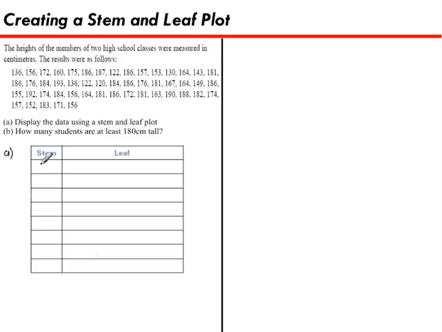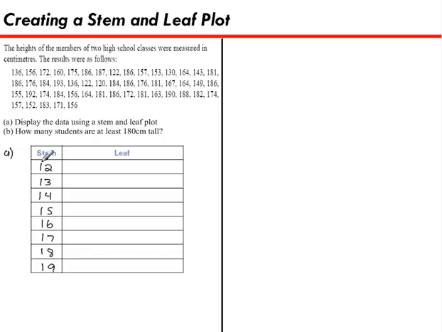The first one will be all of the numbers that start with a 1 and a 2, or in other words, all of the 120s. And I'll do the same for all of the 130s. All the numbers that start with a 1 and a 3 will be in this row. And we'll just keep doing that. So I'll have all of the 140s in this row, 150s in this row, and so on. So remember, that's the first step. We're going to set up the stems into little divisions that are called class intervals.